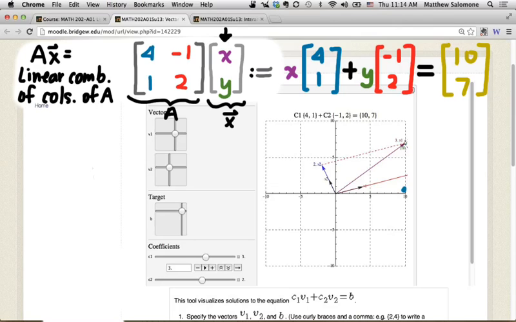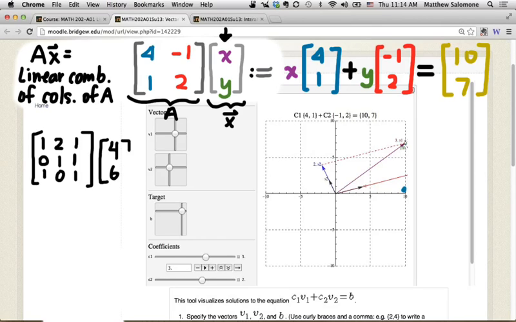But let's suppose, just for the sake of example, that I've got the matrix 1, 2, 1, 0, 1, 1, 1, 0, 1. So here's a 3 by 3 matrix. And I'm going to multiply it by the vector (4, 6). What do I do?